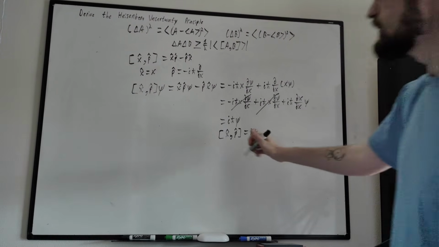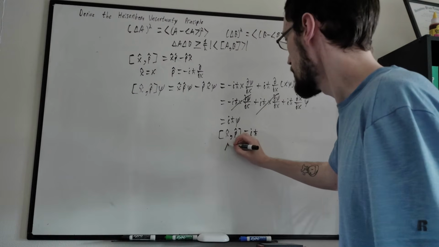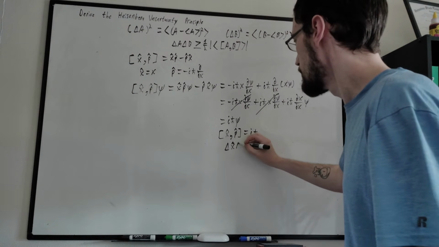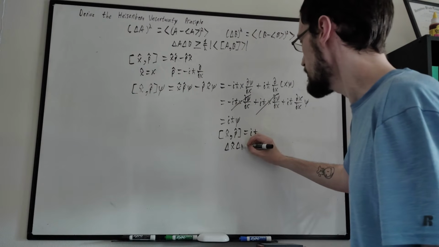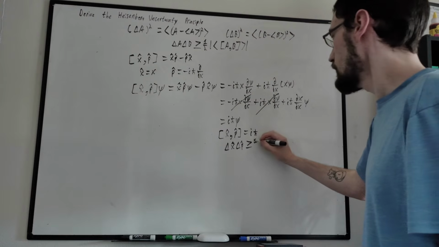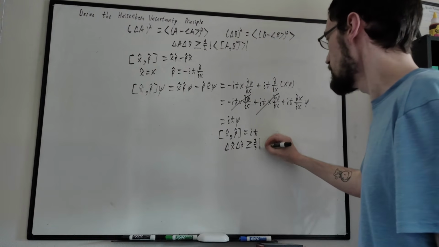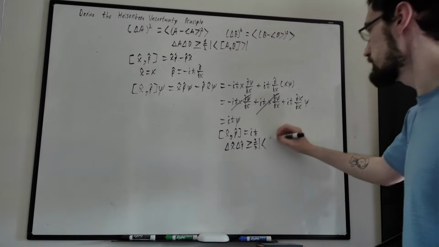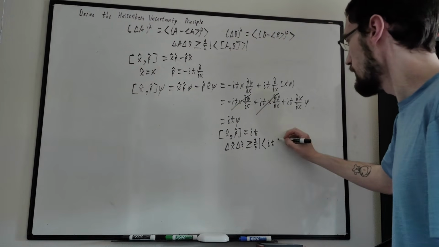And so here we go. This implies that delta x hat times delta p hat is greater than or equal to 1/2 the modulus of the expectation value of i times h bar.